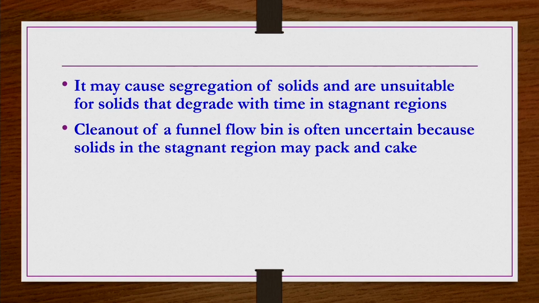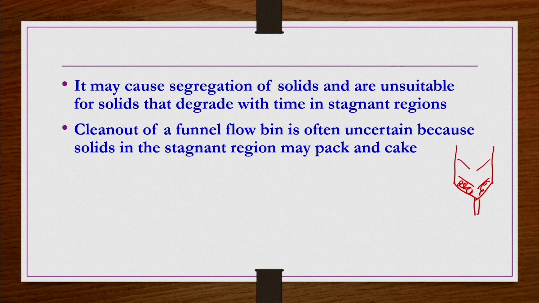Another disadvantage is that cleanout of a funnel flow bin is often uncertain because solids in the stagnant region may pack and cake. Whatever material is on the hopper walls forms a kind of stagnant layer.